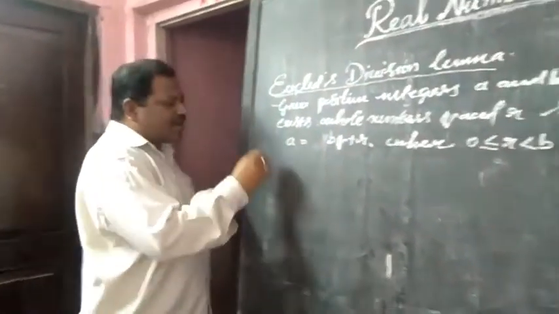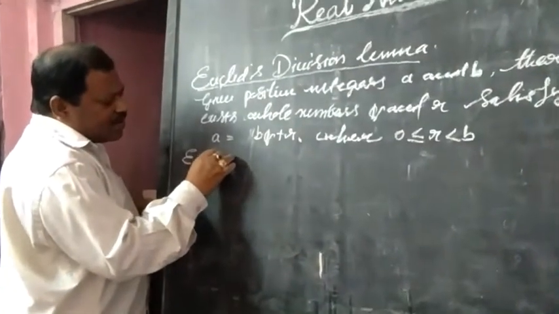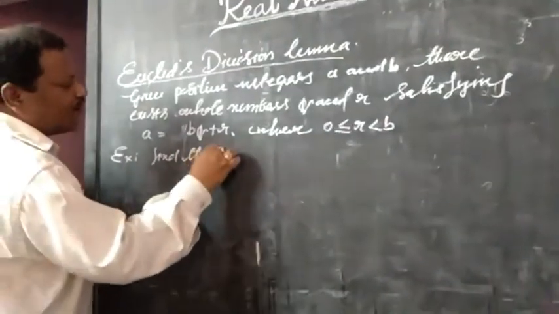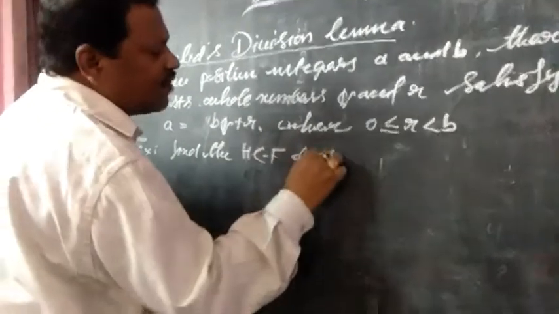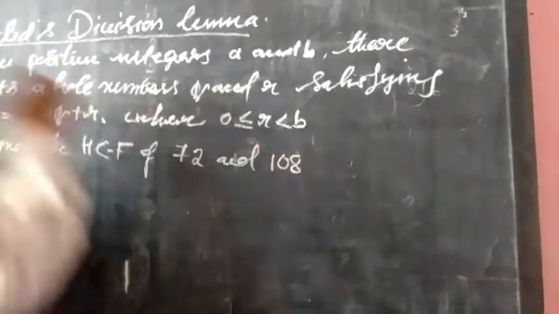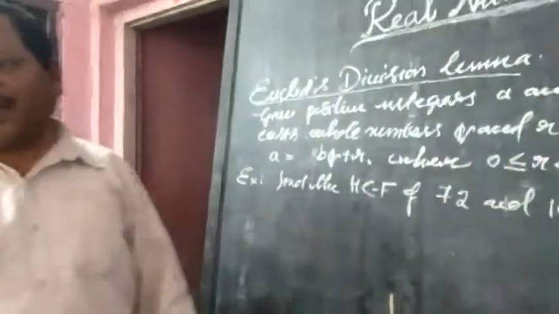Now using Euclid's division lemma, you have to calculate the HCF. For example, find the HCF of 72 and 108, the same numbers. Before the example, try it yourself using Euclid's division lemma, as we did with the fundamental theorem of arithmetic.